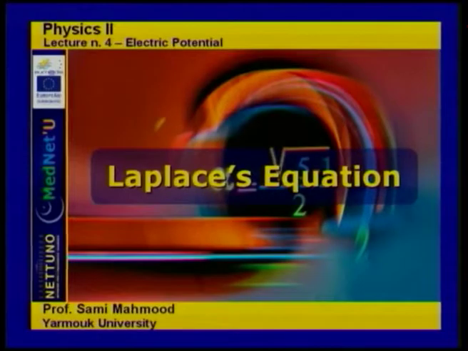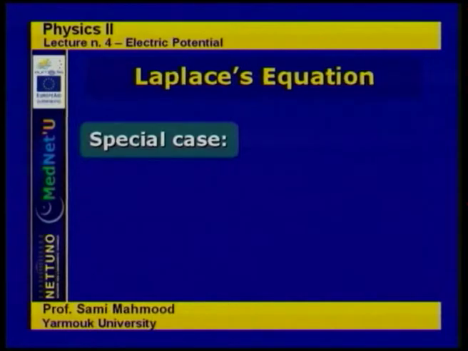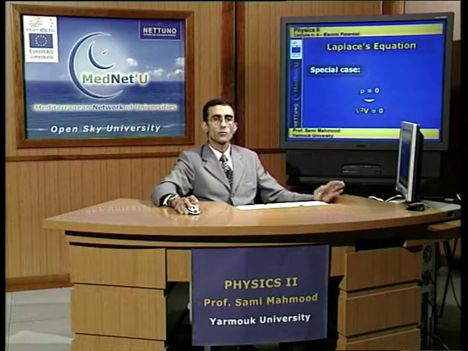And the Laplace equation is a special case of the Poisson equation, where in a certain region of space we have no charge distribution. If rho is equal to 0 in a given region of space, then the Poisson equation gives gradient squared V is equal to 0, and that's the Laplace equation, which is a special case of the Poisson equation.